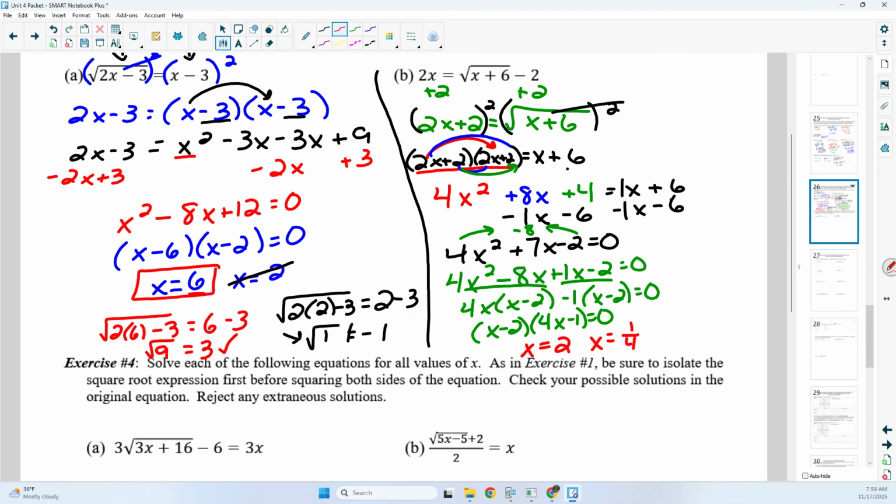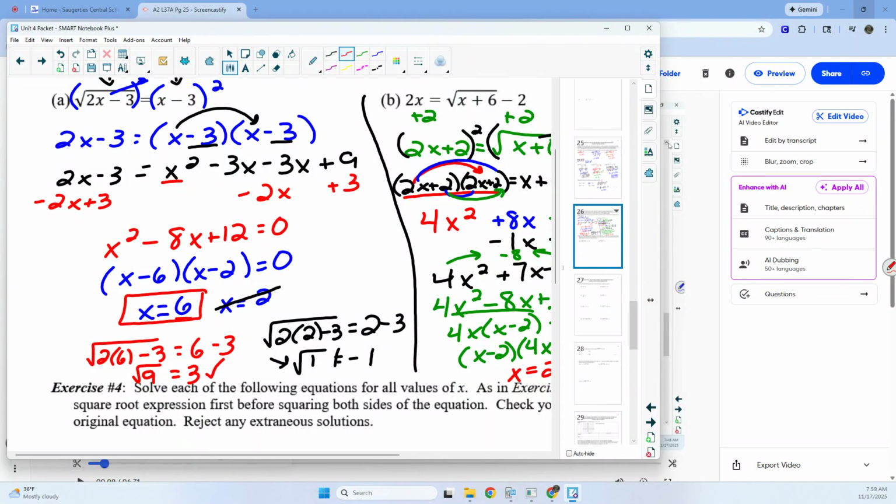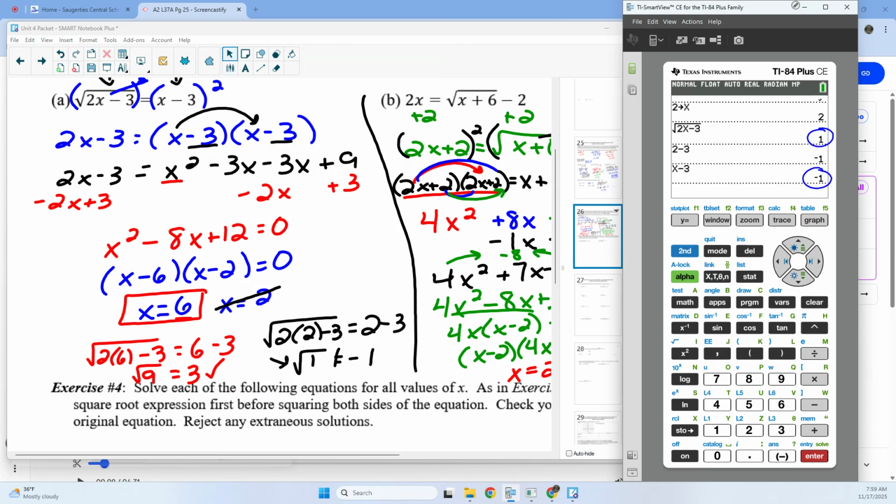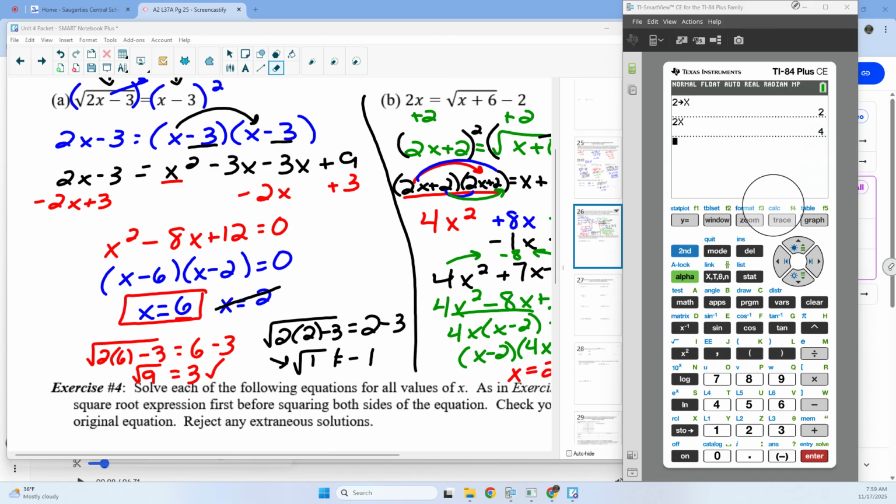We know those may or may not work, right? So I'm going to do this one solely on the calculator this time, just to kind of show that process out and show how it is a pretty fast way to do this. So my first answer is 2, so I'm going to do 2 stores x. I'm going to type in the one side, which is just 2x. I'm going to type in the other side, which is the square root of x plus 6 minus 2.